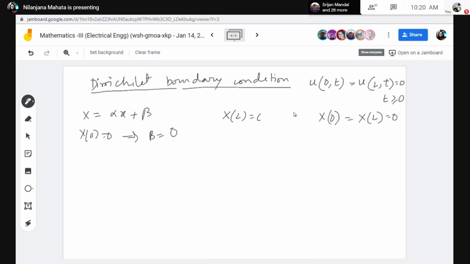X(L) is equal to 0 implies, this beta is already 0, so your alpha times L is equal to 0, so it implies alpha is equal to 0. So this solution will be a trivial solution. We are looking for non-trivial solution.